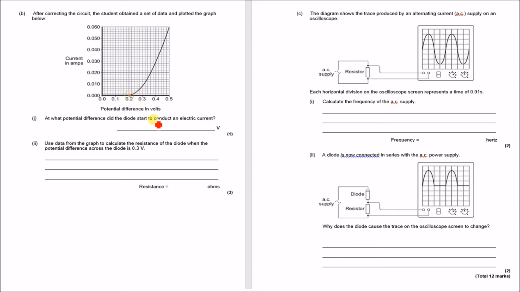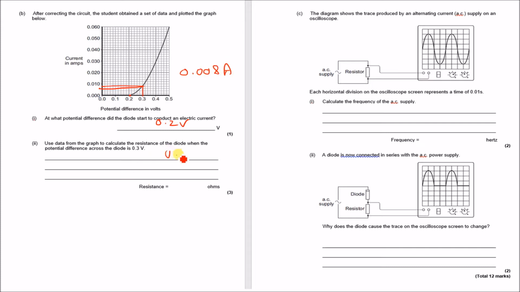Right, at what potential difference did the diode start to conduct? Well, that's around here, so that's 0.2 volts. Use data from the graph to calculate the resistance of the diode when the potential difference across the diode is 0.3. So at 0.3 we've got it there, and if I draw a line across, it should end up there, which would be more accurate, and that is 0.008 amps.